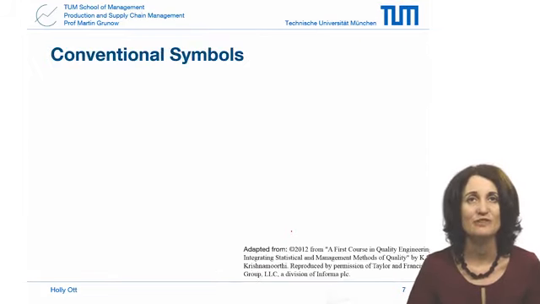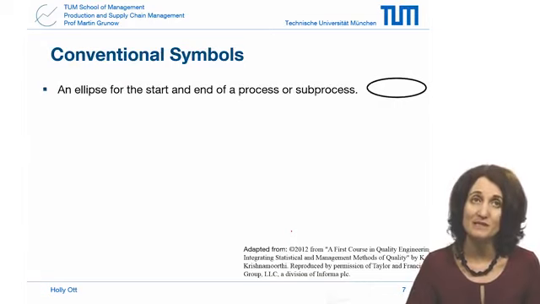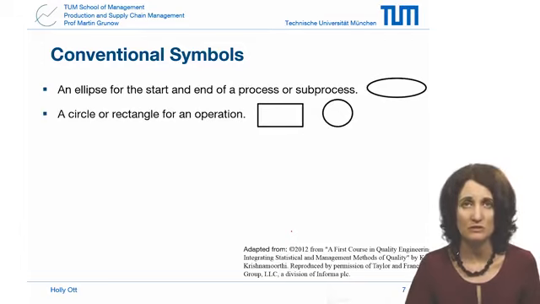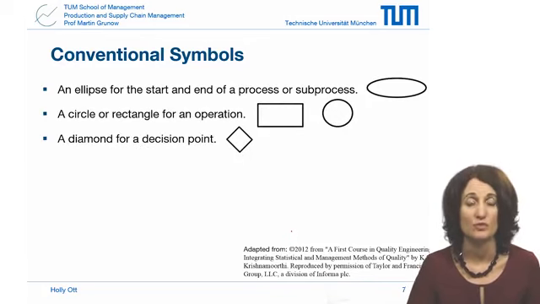A pretty easy flow chart, and what we're using there are some conventional symbols. So you may see this differently, but typically you see an ellipse for the start and the end of the process. Then you use either rectangles or circles for different process steps. And a diamond will indicate a decision point, so sugar or no sugar.